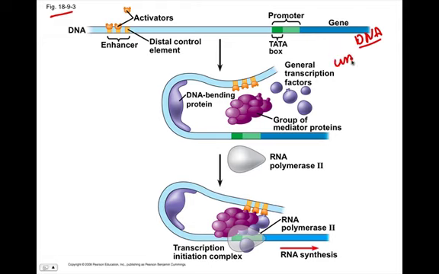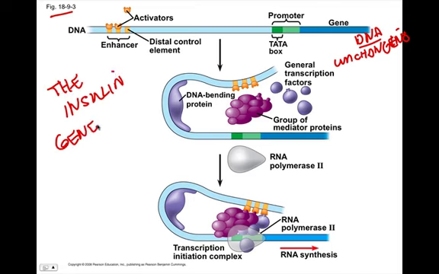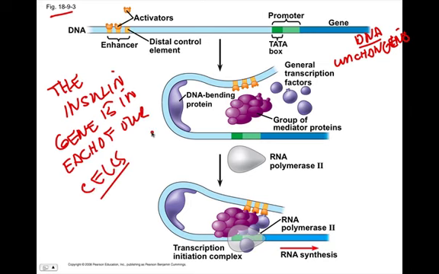So the DNA is unchanging, and so when we say the insulin gene is in each of our cells, it's only expressed, the protein's only made in the pancreas.